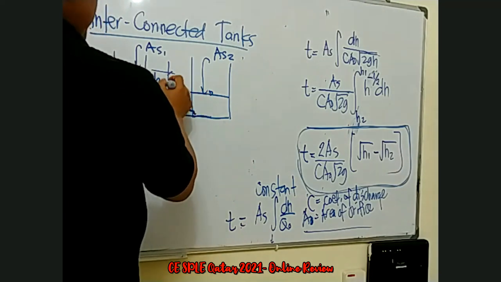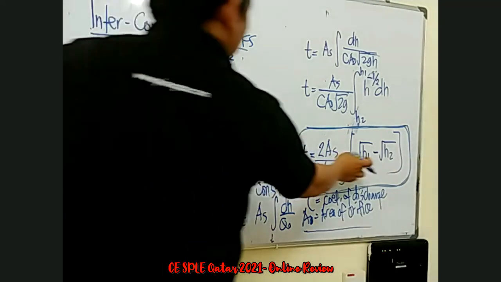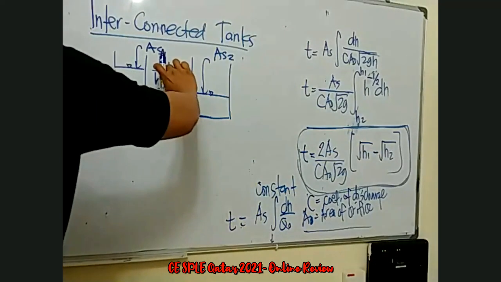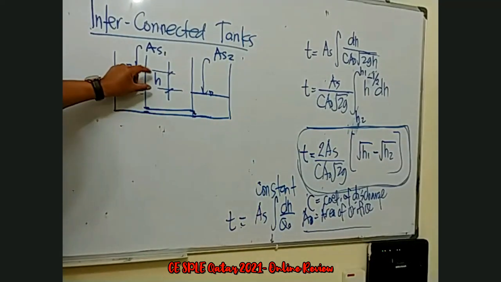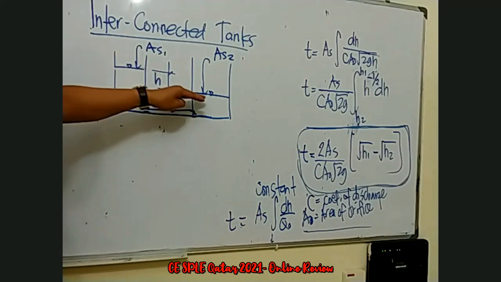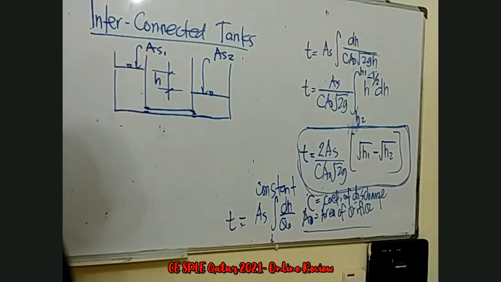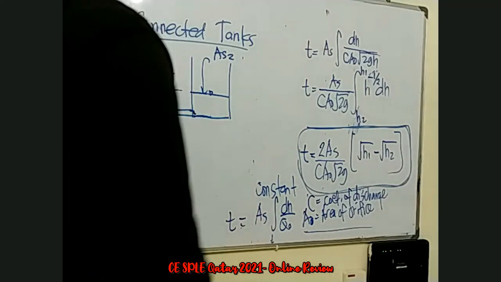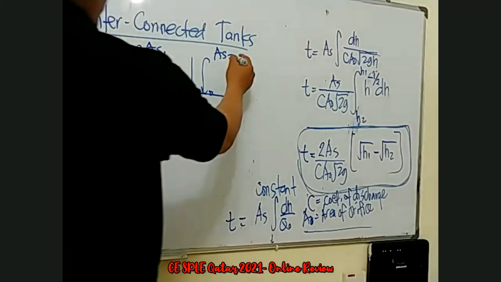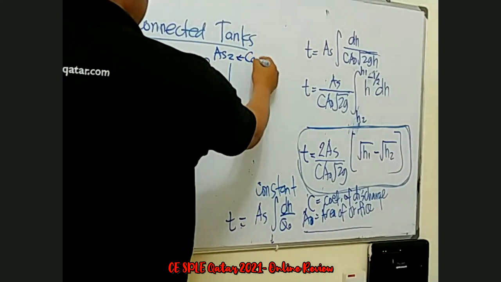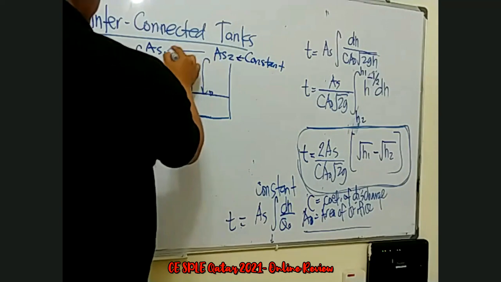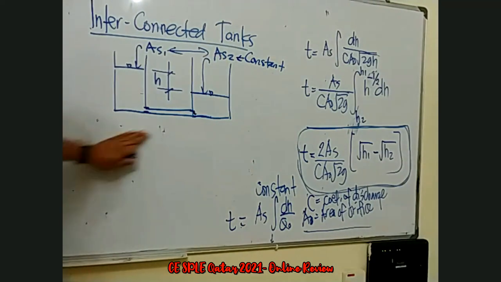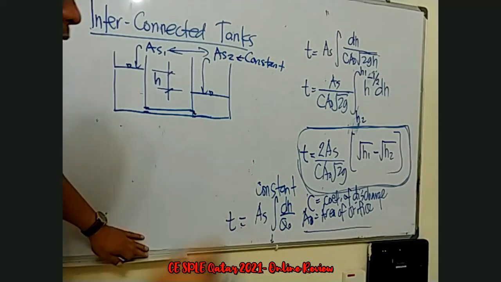So therefore, yung x na pinag-usapan natin sa equation should be the difference between two levels. Considering this is constant, no? Ito constant. Kasi kung given niya constant. Constant yan.